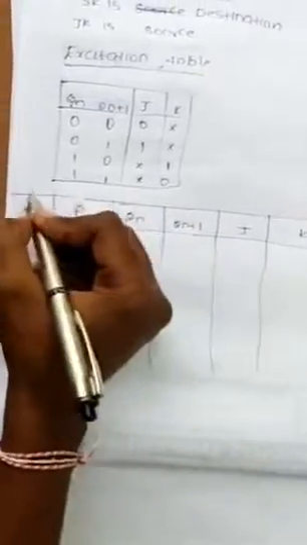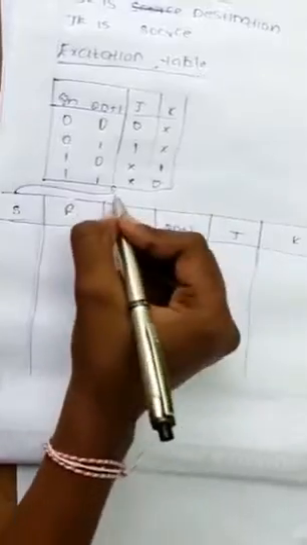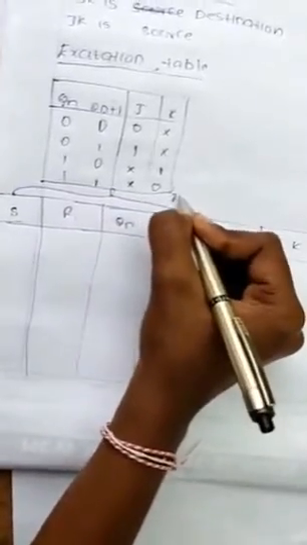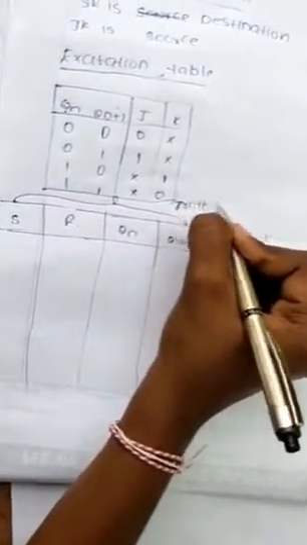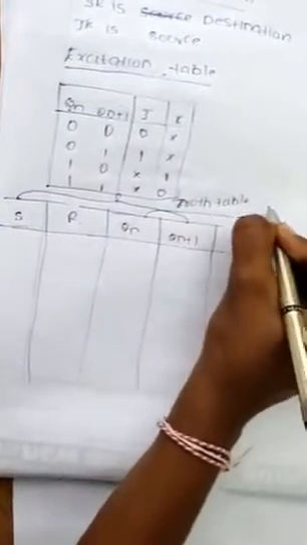Q of n plus 1 belongs to the truth table, and Q of n to Q of n plus 1 is the excitation table.